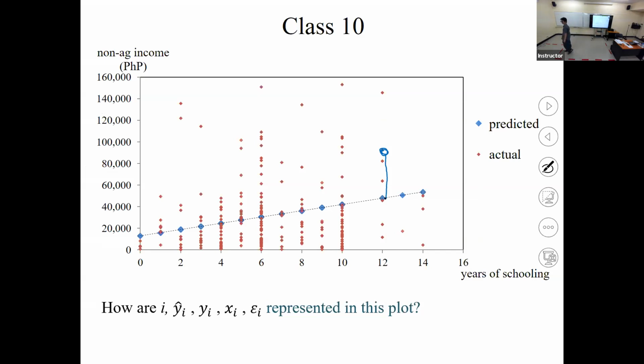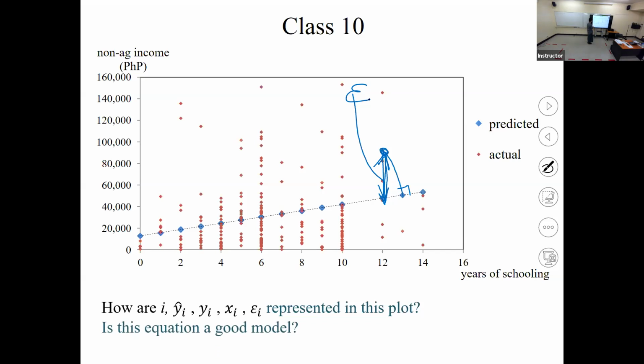Vertical distance. So you don't measure the shortest distance. It's not this right angle. It's the vertical distance. This one is the error. So it can be negative.